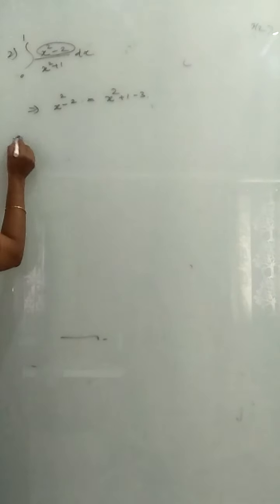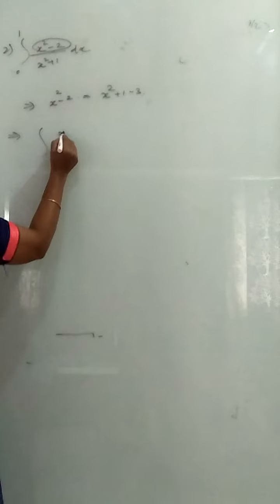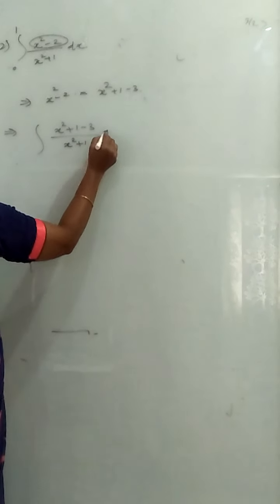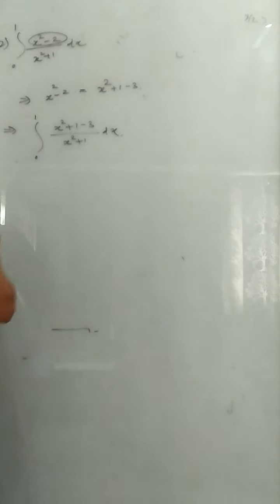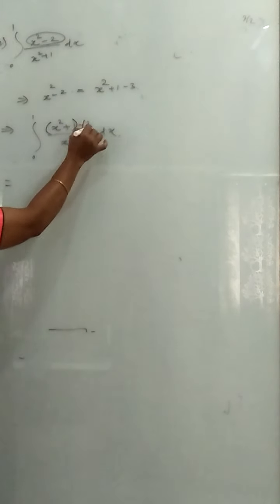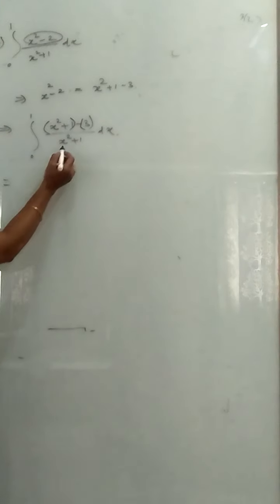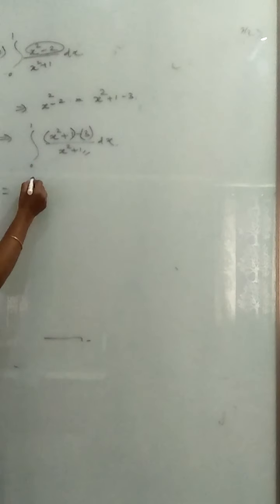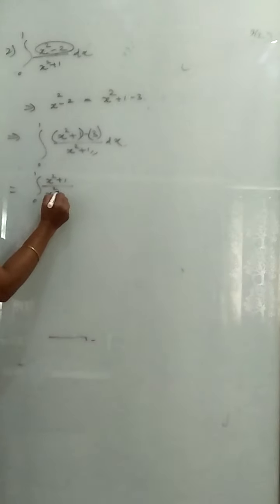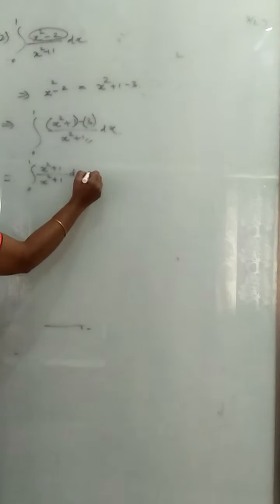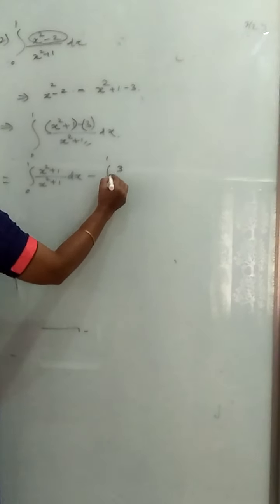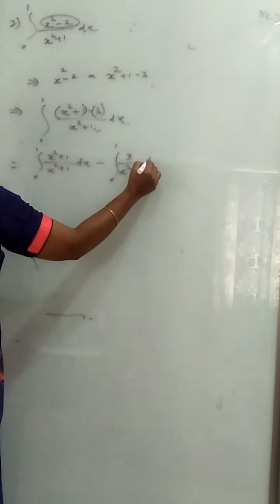But we have to write here the example as integration of x square plus 1 minus 3 upon x square plus 1 into dx, and the limit of this integration is 0 to 1. Taking the numerator terms separately, because the denominator is x square plus 1, we get integration of 0 to 1 of x square plus 1 upon x square plus 1 into dx, minus as it is, integration of 0 to 1 of 3 upon x square plus 1 into dx.